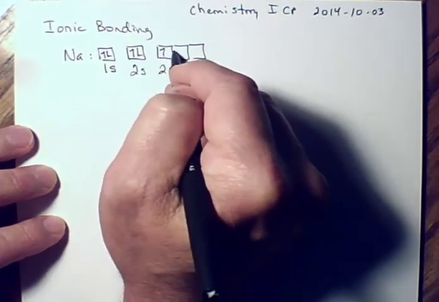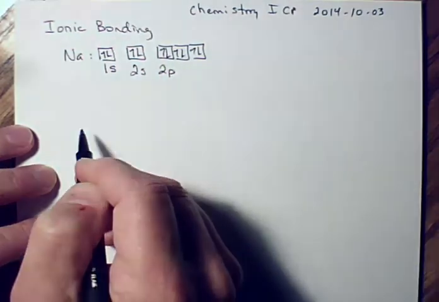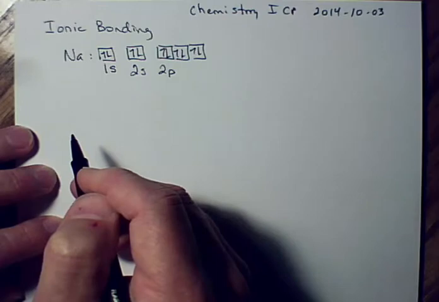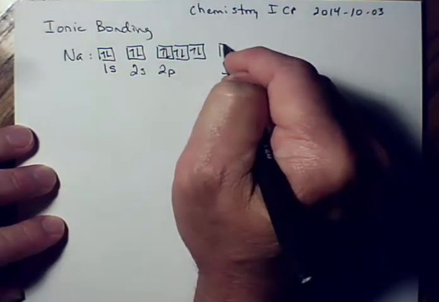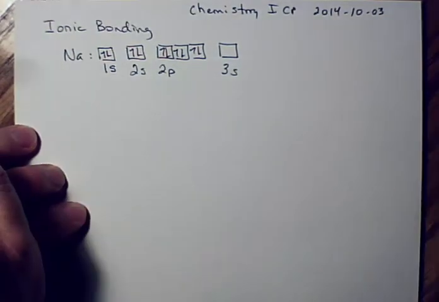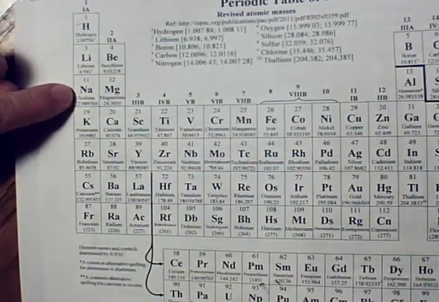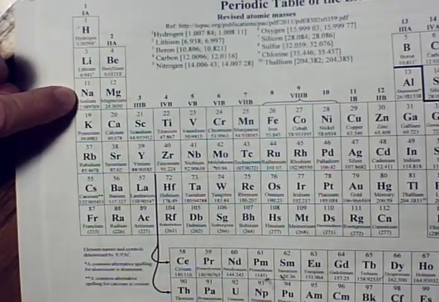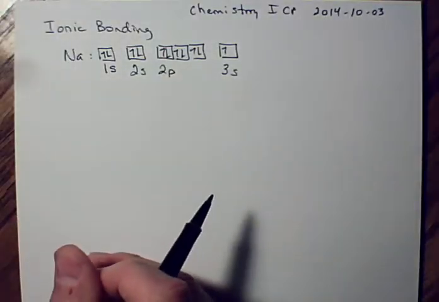And we put 1, 2, 3, and then go back and pair them up. And so we have 3s now. Okay? And there's 1 electron in 3s because sodium is the first element in the third row of the periodic table. So it has 1 electron in the third primary energy level.